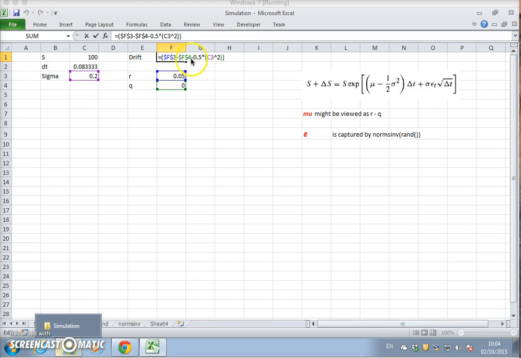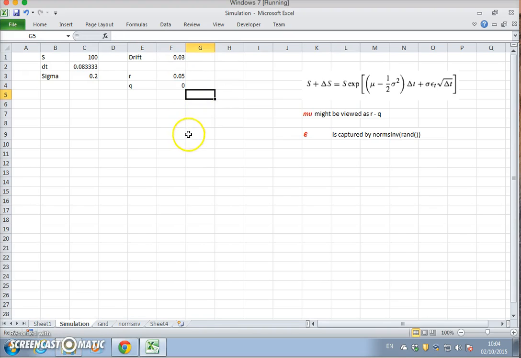And our drift is defined simply as r negative q minus 0.5 times sigma, where sigma is 0.2 and it's been squared. So it's just that term in the brackets represented here. In the next video clip, I'll set out a stock price over a 12-month period and just look at its evolution and then try to graph that in the simulation.